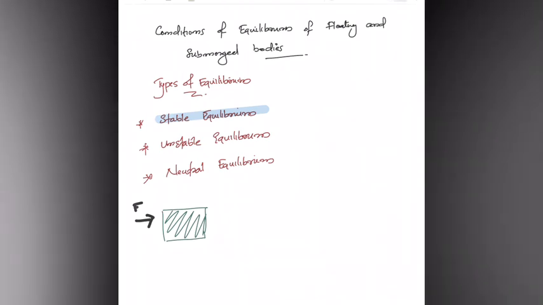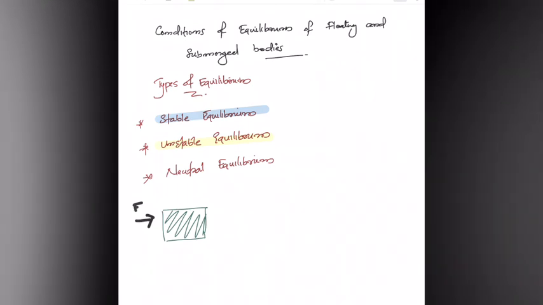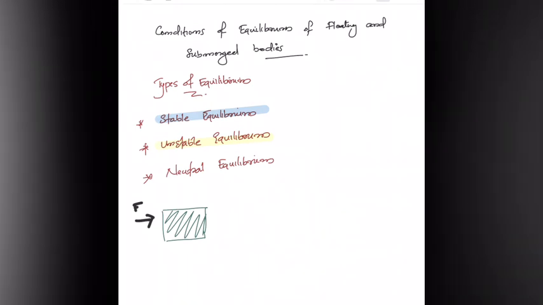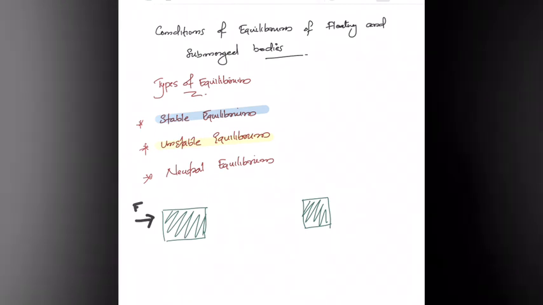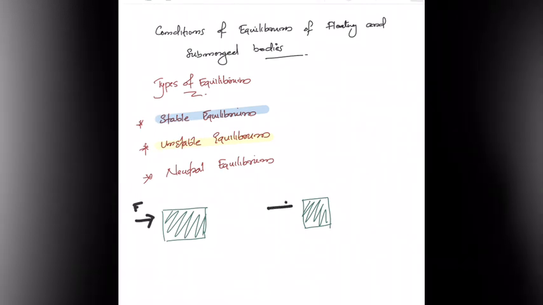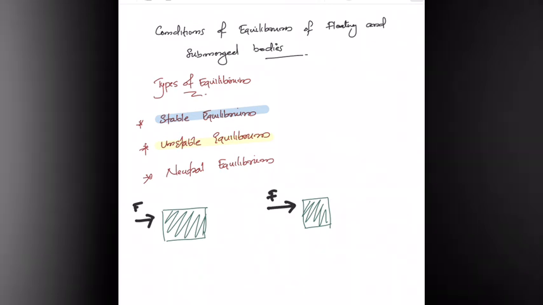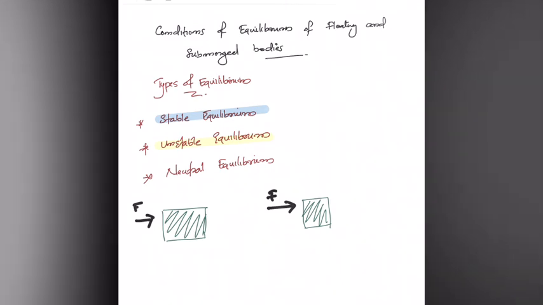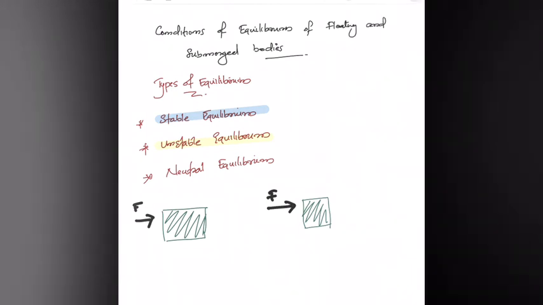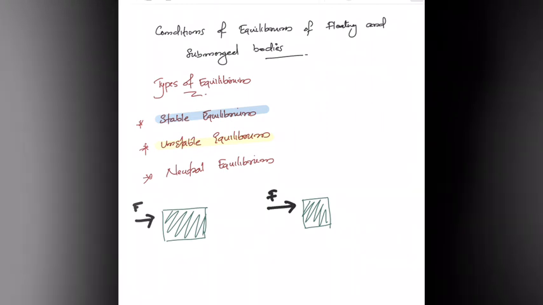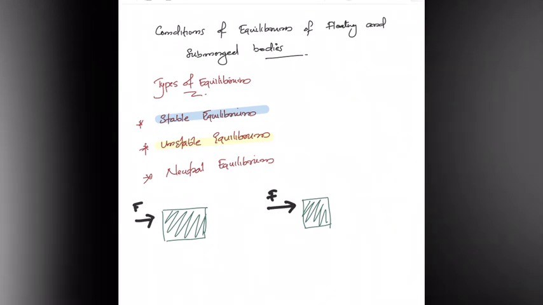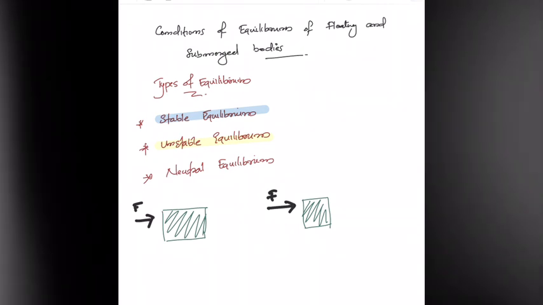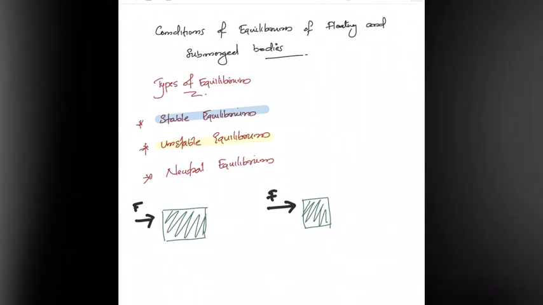Now we shall see unstable equilibrium. So once again, consider another box, and here also we are trying to displace this box with the help of an external force. A system is in unstable equilibrium when displaced, it experiences a net force or torque in the same direction as the displacement from equilibrium.